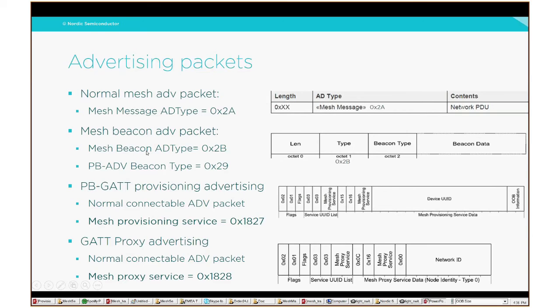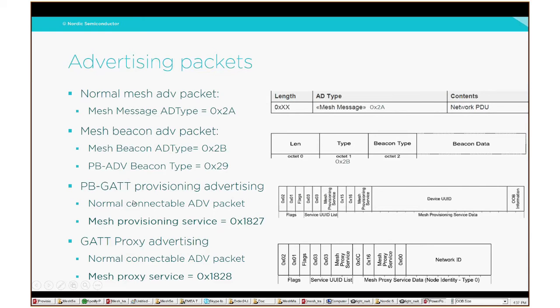Mesh beacon can be a security beacon, telling that there's a key refresh or an IV index update. And the next one is the beacon type of hexa 29. Then it is a provisioning advertising bearer provisioning beacon. It will be advertised with the ID type equal to hexa 29.